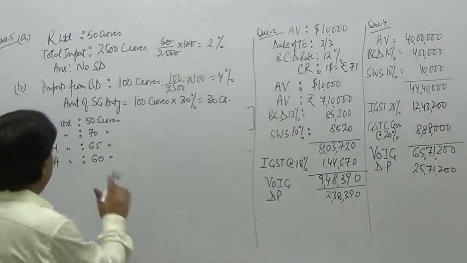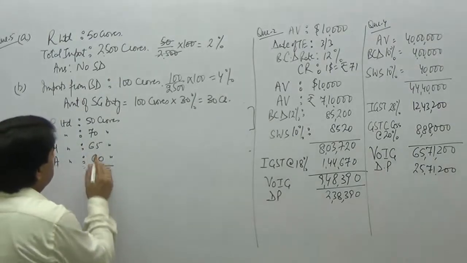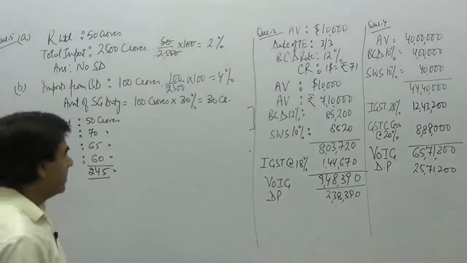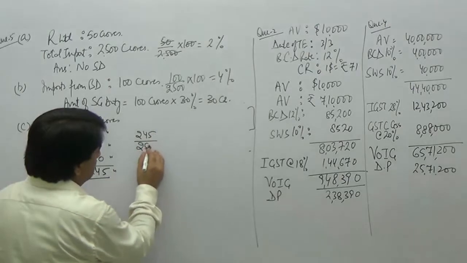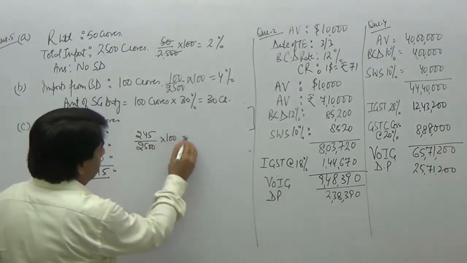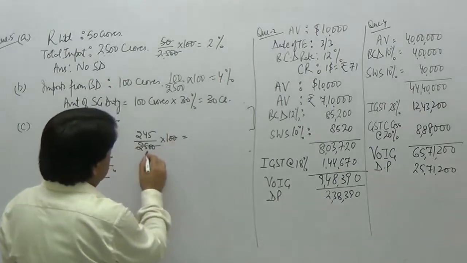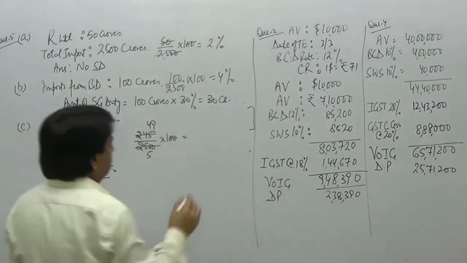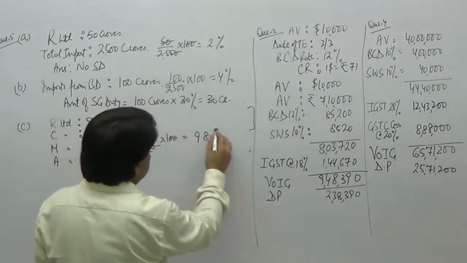So let us now check what is the total import from the developing countries. This is 245 crores. Now 245 on 2500 crores multiplied by 100, this comes to 49 by 5, which is 9.8%.